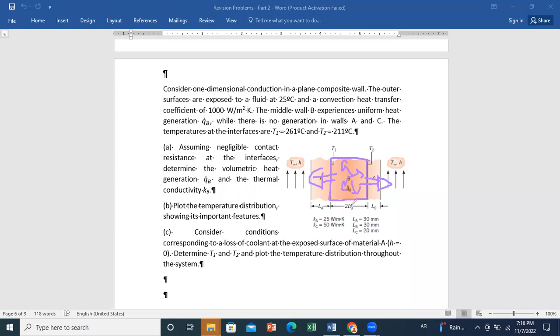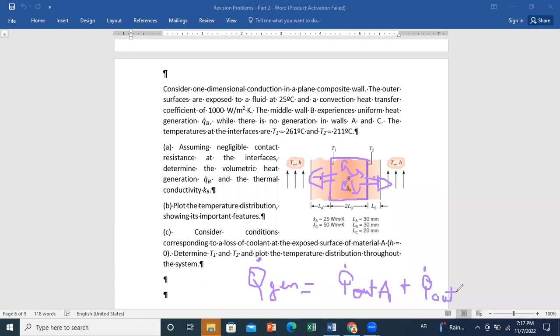So what is generated inside should be lost towards the outer environment. So I can say that from energy balance, Q dot generation is equal to Q dot out at interface A plus Q dot out at the interface with C. So this is the key equation to solve your problem.